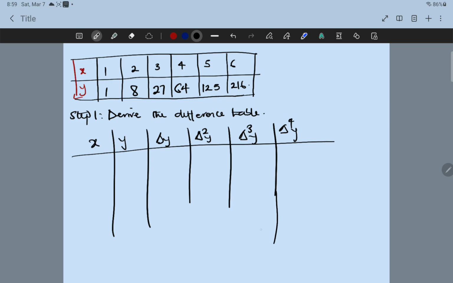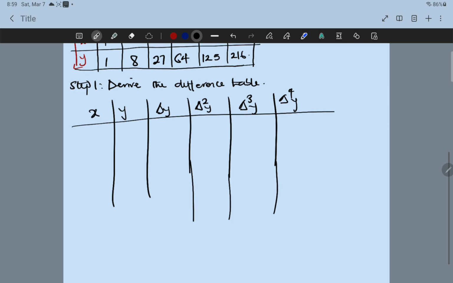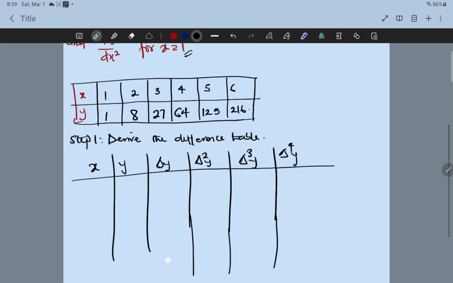Is that okay? Alright, now let's put that into perspective. Let's put 1, 2, 3, 4, 5, and 6. And then for the y's, we have 1, 8, 27, 64, 125, and 216.